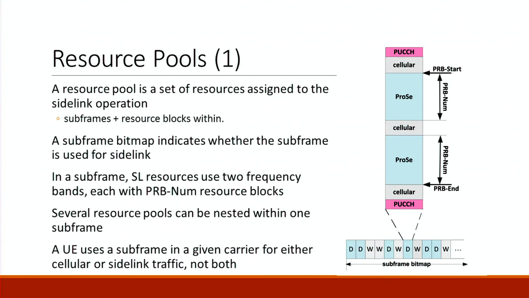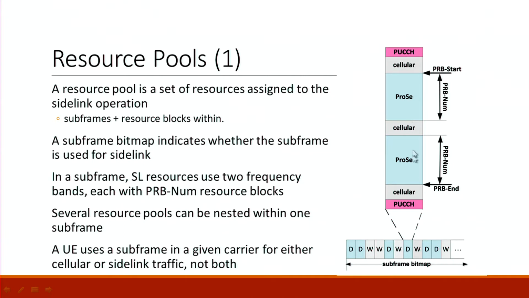So it will first of all provide you with a bitmap that basically says, starting from now, the next subframe may have some resources set aside for D2D, the following one as well. The next one, no. The next one can only be used for standard uplink communication, again D2D, and so on.